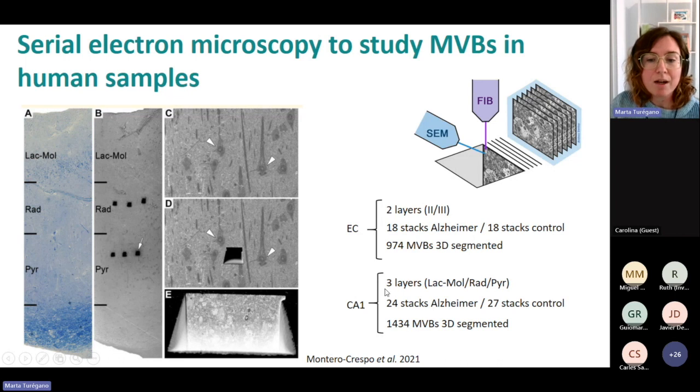And in CA1, we explored 3 layers, lacunosum moleculare, radiatum, and pyramidale. We obtained 24 stacks from Alzheimer's samples and 27 from control, and 1,434 MVBs were segmented.